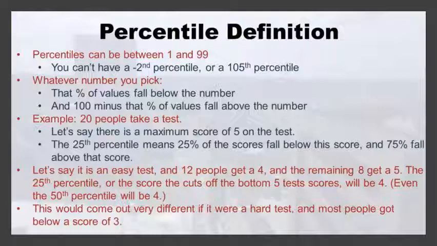Let's say this is a really easy test and 12 people in the class got a 4, which is like a B, and the remaining 8 people got a 5. So the 25th percentile, or the score that cuts off the bottom 5 test scores, will be 4.